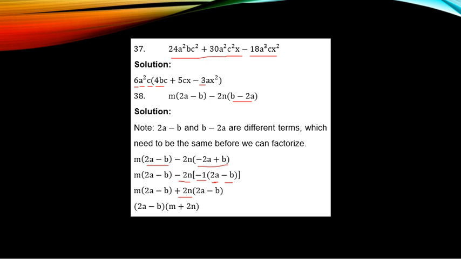If you factor out 2a minus b from the first term, you are left with m. So the m is this. If you factor out 2a minus b from the second term, you are left with 2n, which is this. So that is the result for factorizing that expression.